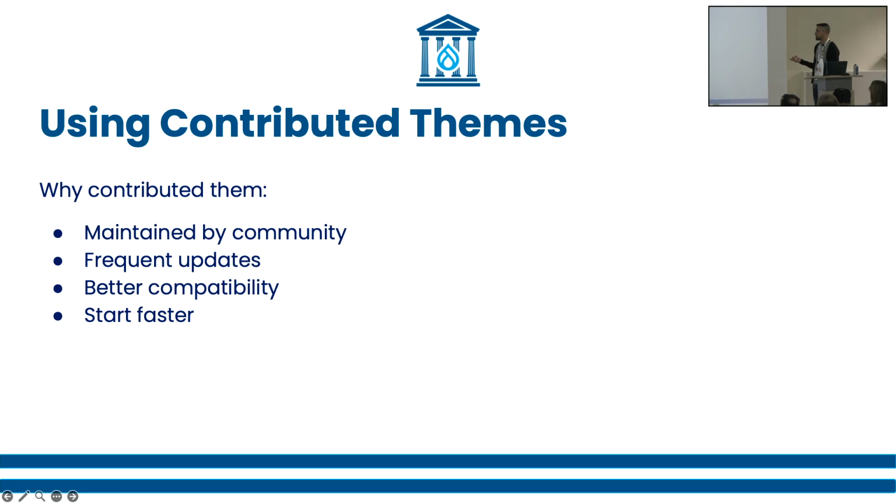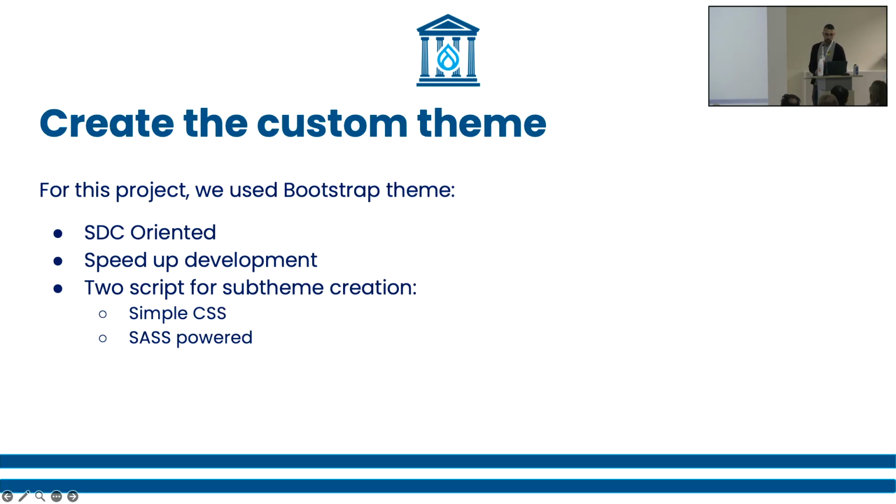Why do we have to use a contributed theme? Because they are maintained by the community as well, with frequent updates. They have compatibility, and we can start to develop faster. For the purpose of this talk, we have used the Bootstrap theme and created a sub-theme starting from it.